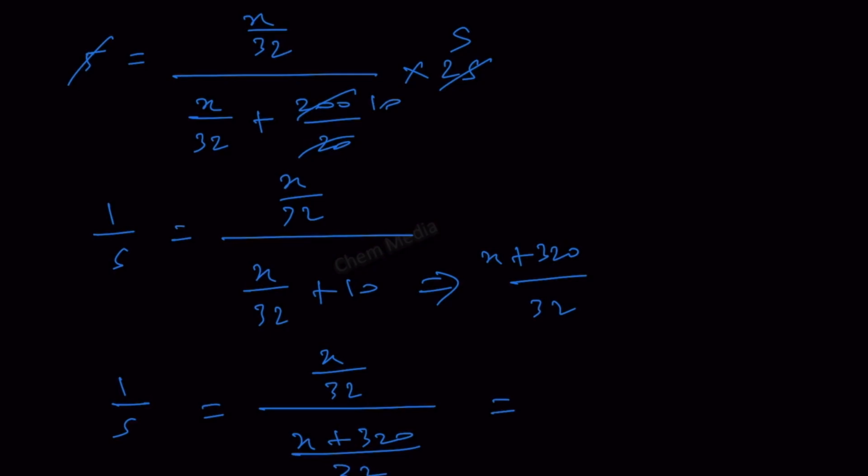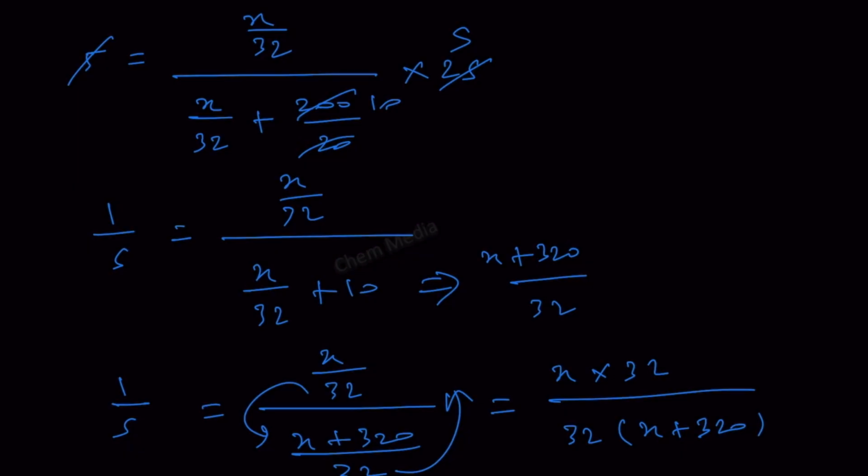So therefore this is equal to X times 32. I am sending this 32 up, this one I am bringing here, divided by 32 times X plus 320. So 32 we can cancel. So this means if we send on the other side, X plus 320 equal to 5X, isn't it?